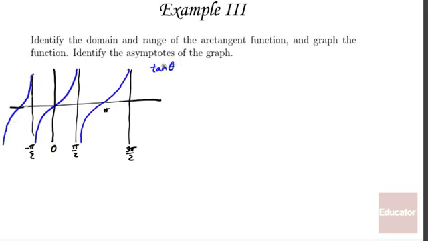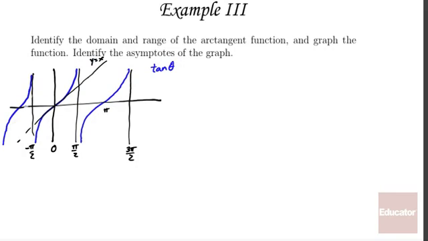Now, I want to take this graph and I want to flip it around the line y equals x. Let me graph the line y equals x. There's y equals x. But I want to get something that will be a function. So it has to pass the vertical line test after I flip it. That means it has to pass the horizontal line test before I flip it.